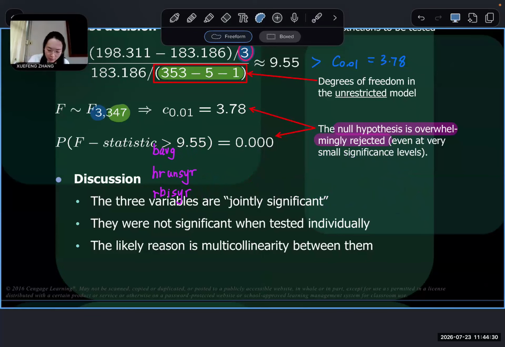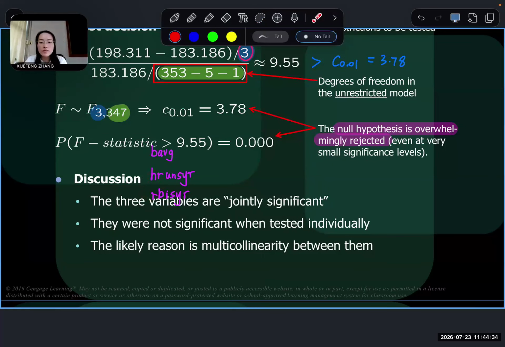Those 3 variables were not significant individually, but they are jointly significant. How can both be true? Think about it. Jointly significant.